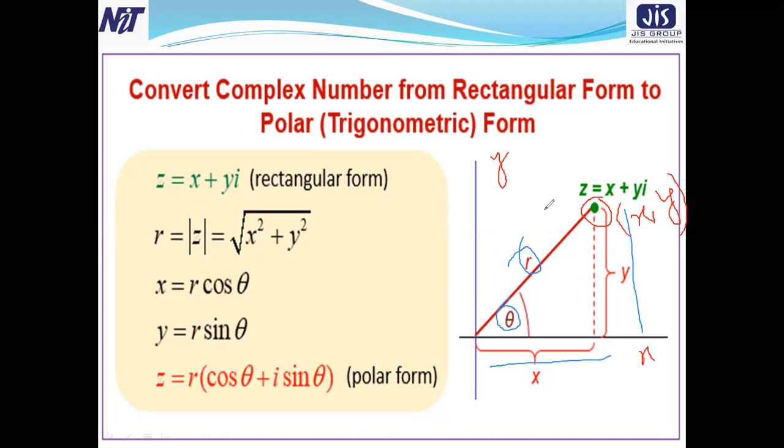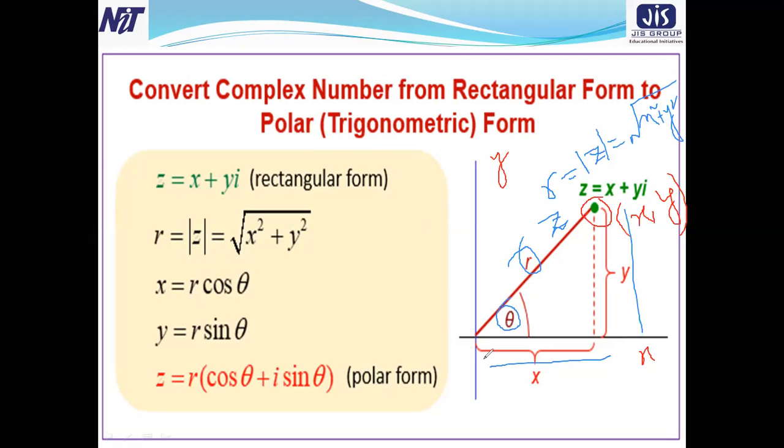If we consider this is z, what will be the value of z? Or you can say r should be equal to mod of z. From coordinate geometry, we know this concept: r equals mod z, that is equal to root over x square plus y square.